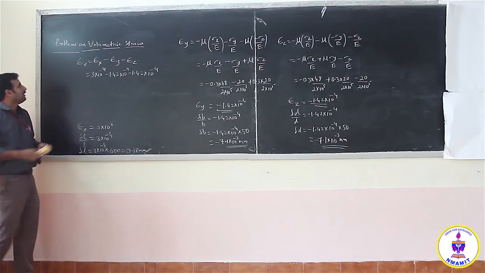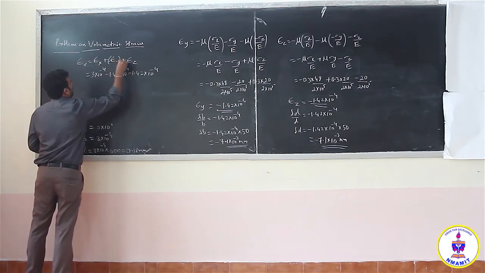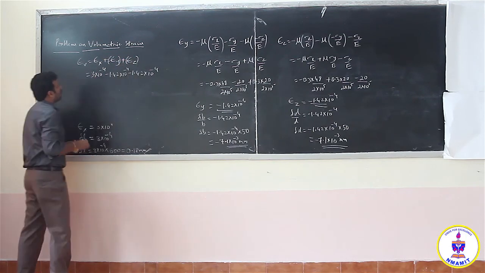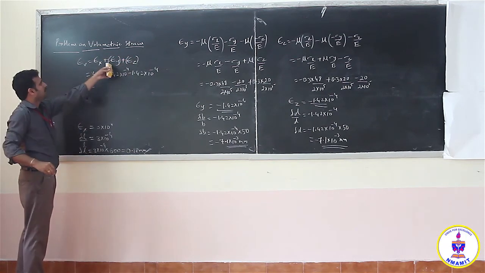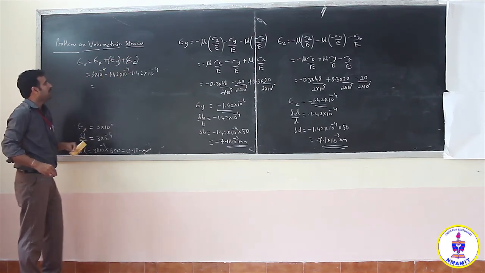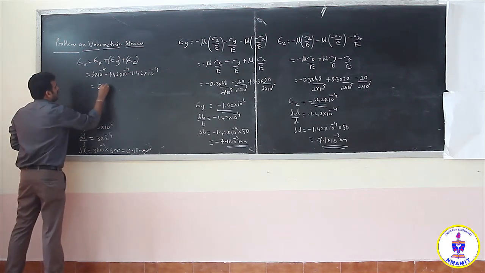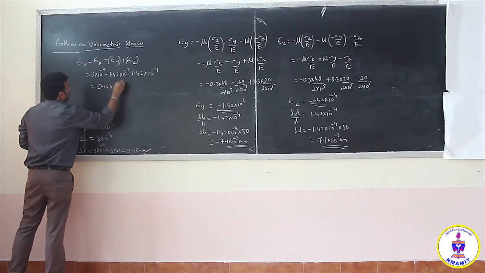So that is nothing but equal to epsilon x plus epsilon y plus epsilon z, with the signs included: epsilon x, plus of minus epsilon y is minus epsilon y, plus of minus epsilon z is minus epsilon z. So epsilon v equals 0.16 into 10 to the power of minus 4.